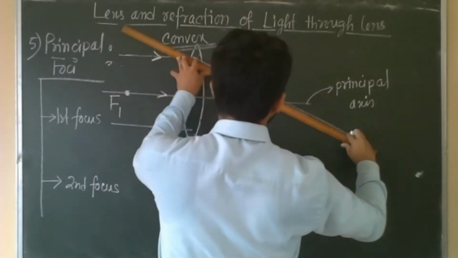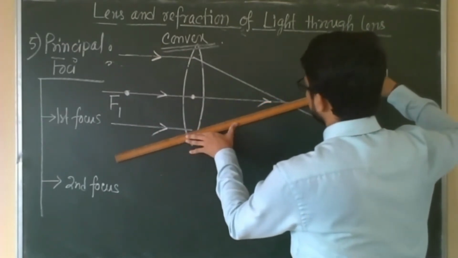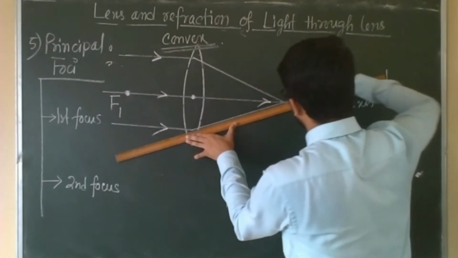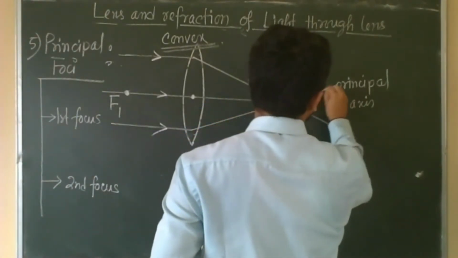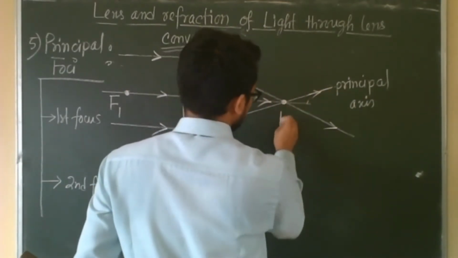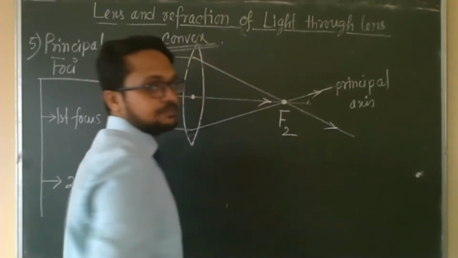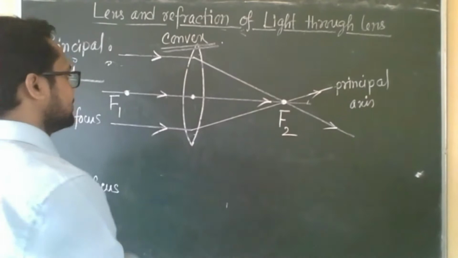That point is called the second principal focus. These are the three rays, they are meeting here. This is called the second principal focus F2.